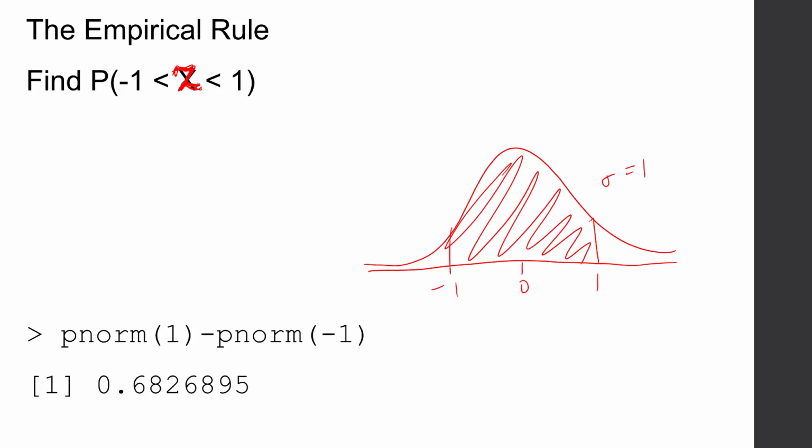Now, notice that when I used my p-norm function here, I just put 1 in. I didn't put comma 0, comma 1. And that's because those are the default mean and standard deviation in R. So I didn't have to specify them. Be very, very careful that you specify your mean and standard deviation when it's not 0 and 1. All right, so notice this is about 68% of observations within 1 standard deviation.